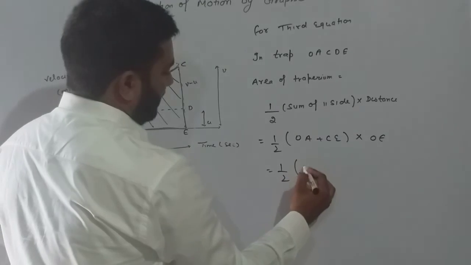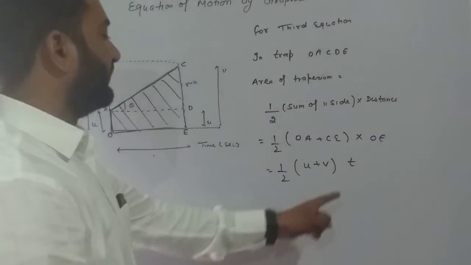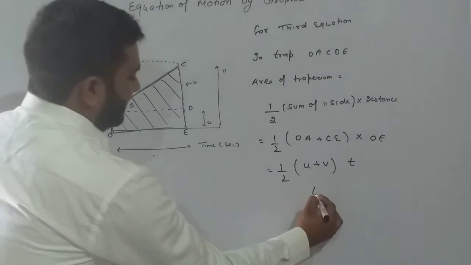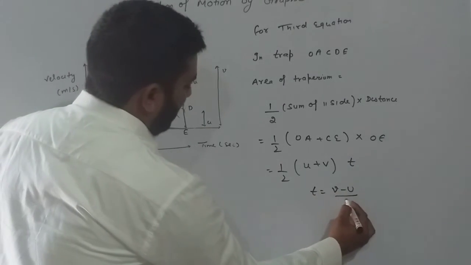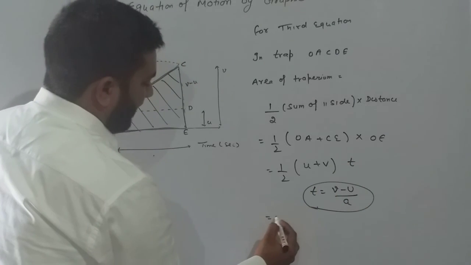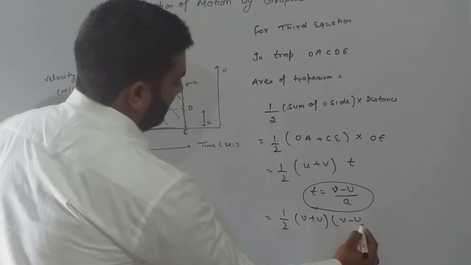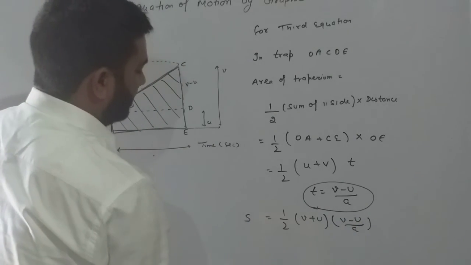So 1 by 2 into u plus v into t. From the first equation, t is equal to v minus u by a. Put the value of t here, then 1 by 2 into v plus u into v minus u by a, and all this is equal to s.